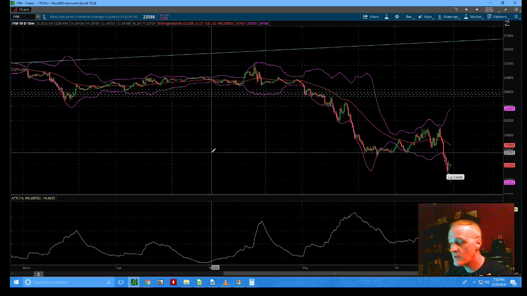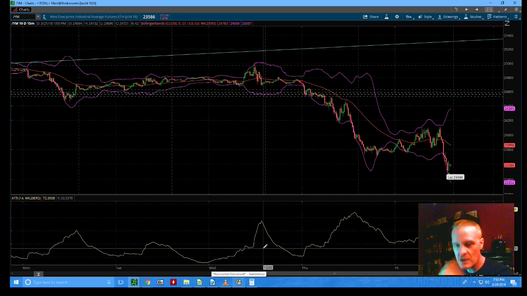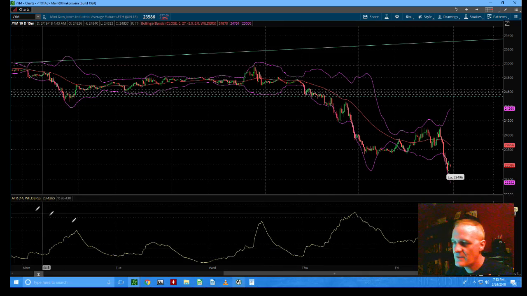On the other hand, there were other days where strong increases in ATR tended to coincide with strong increases in price. So that's going to change from day to day, from period to period, but that is something that can be useful.